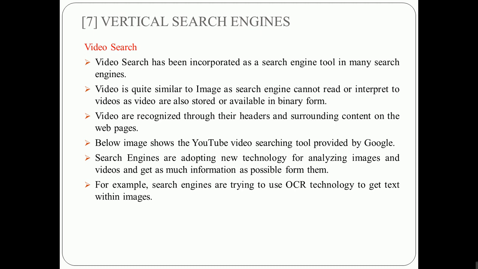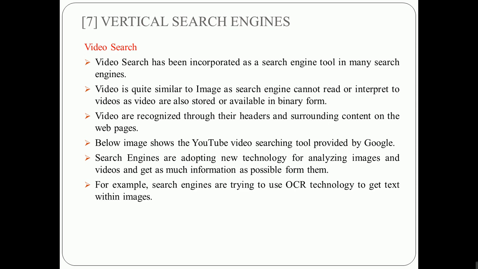A search engine cannot read or interpret videos, as videos are also stored in binary form. Previously we have seen that images are also stored in a binary format. So video is also stored in binary form.